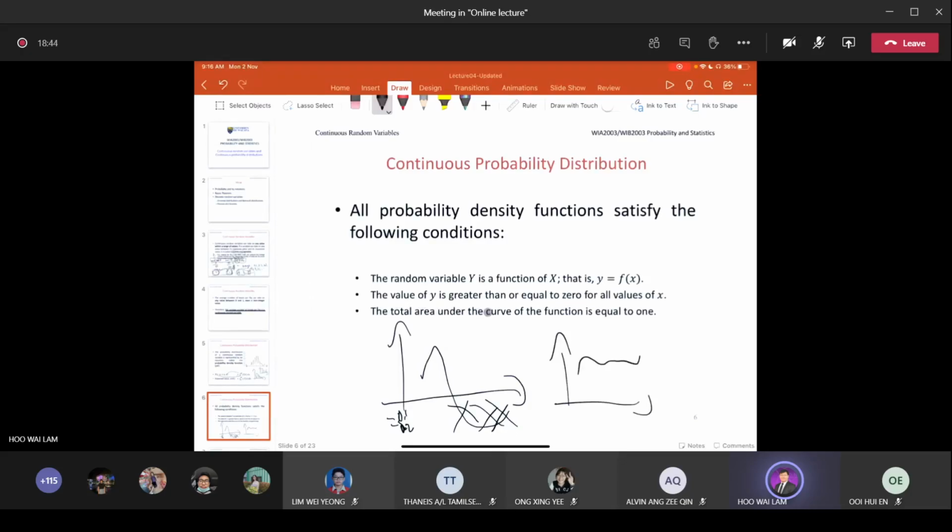And the total area under the curve of the function is equal to 1. Why is the total area under the curve equal to 1? It's because if you still recall the total probability rule, when you sum up all the exhaustive events in your potential outcomes, for example the probability for your dice, rolling 1, rolling 2, rolling 3, it's 1/6 plus 1/6, and you basically add all the 1/6 and it equals 1.